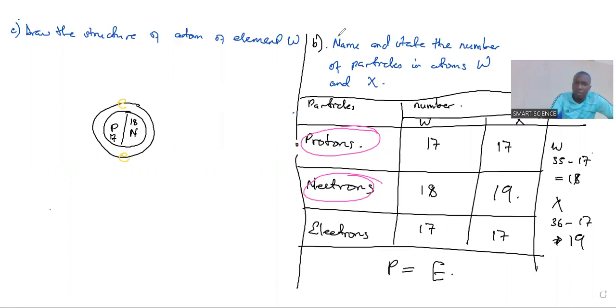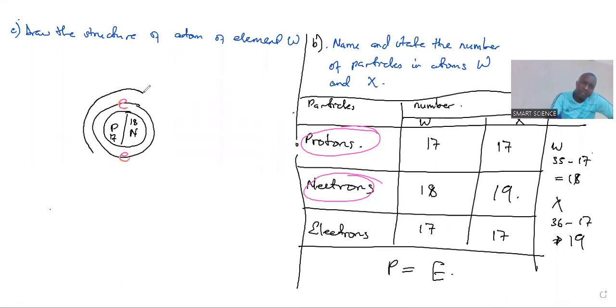I'm putting a thicker color such that we can clearly see the first shell can only handle 2 electrons.